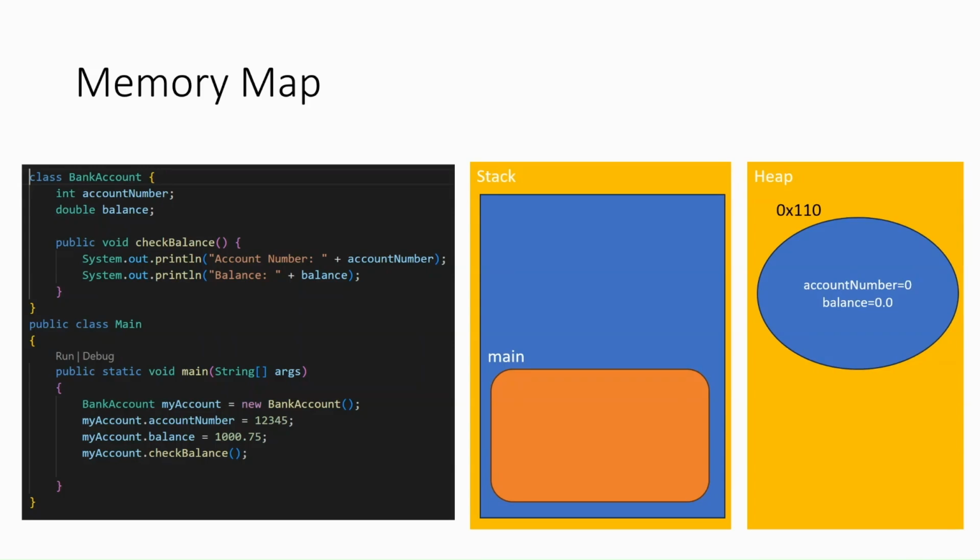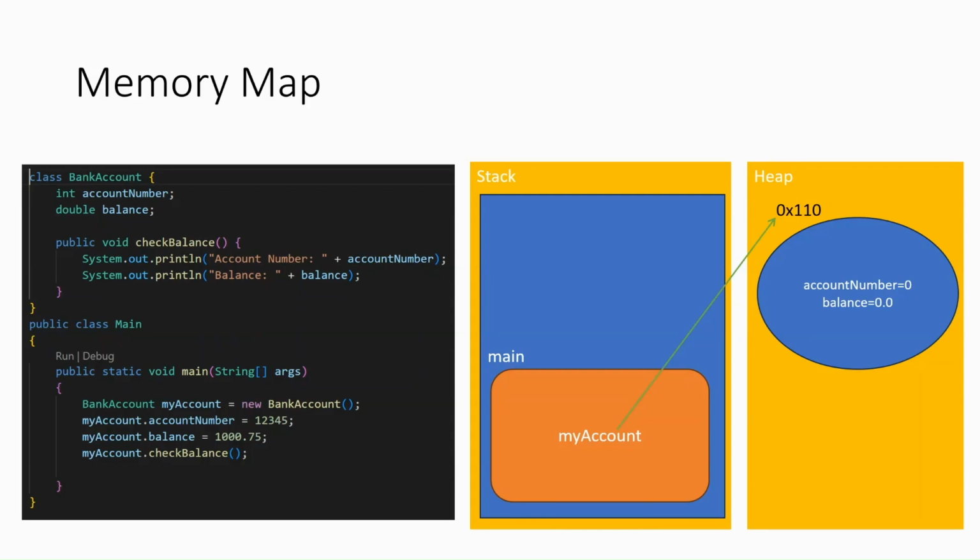Default value of int is 0 and for double it is 0.0. Now, the next thing that is going to happen is in the stack, the reference variable will be stored. So here you can see that my account is stored in the stack memory, and this my account is pointing to the memory address 0x110.